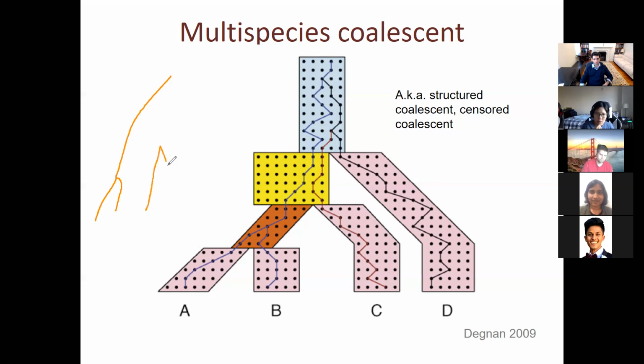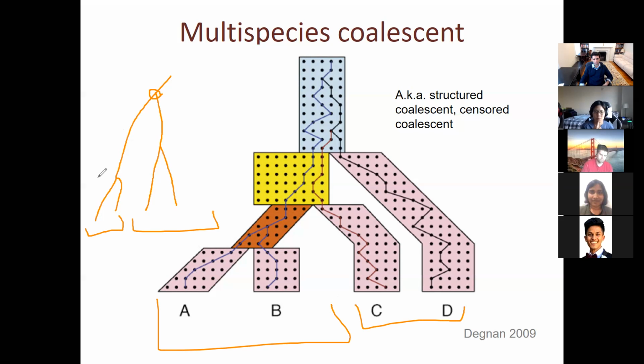So basically what we end up with is a gene topology which has A and B as sister lineages, C and D as sister lineages, and then the ancestor being apparently a split between AB on one side and CD on the other side.